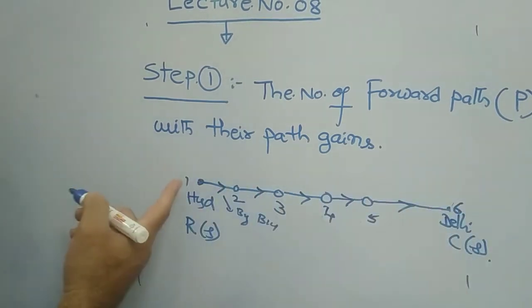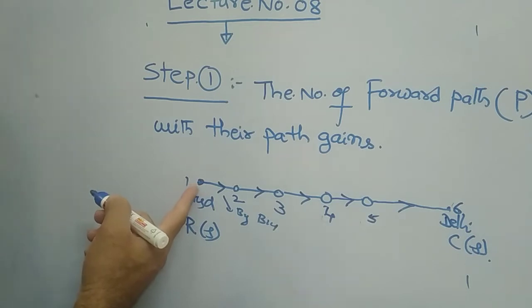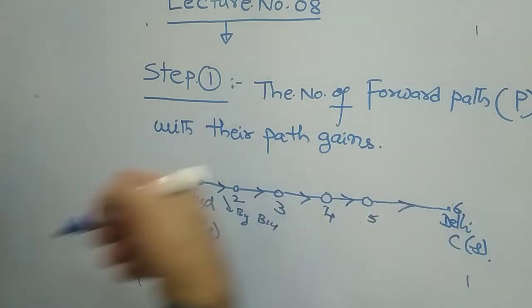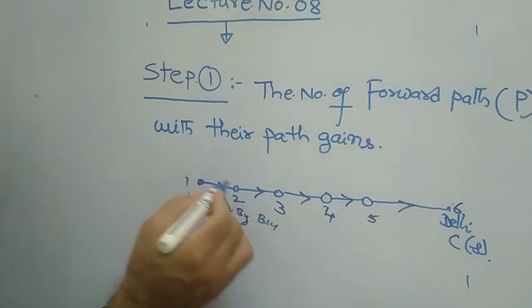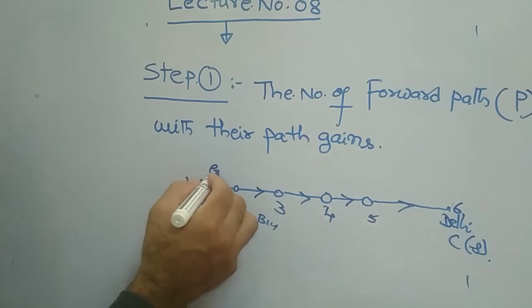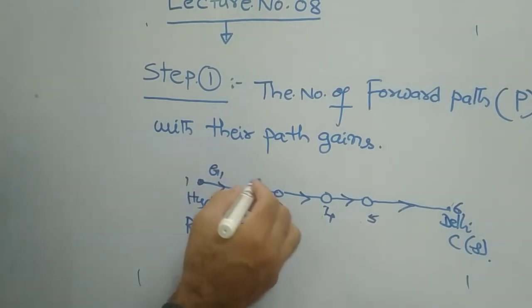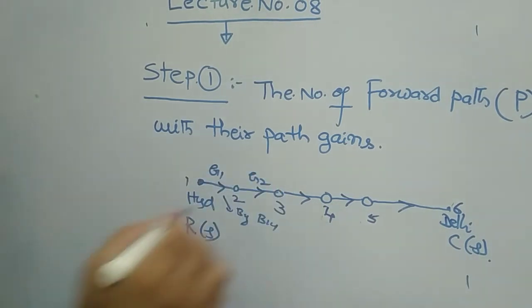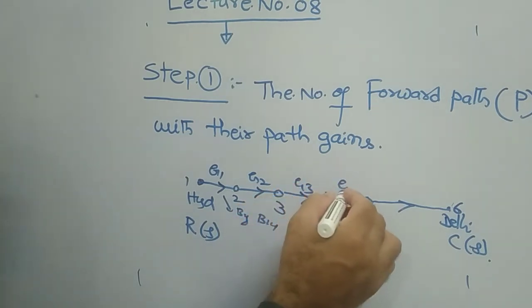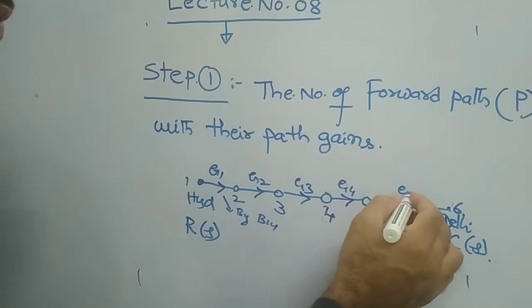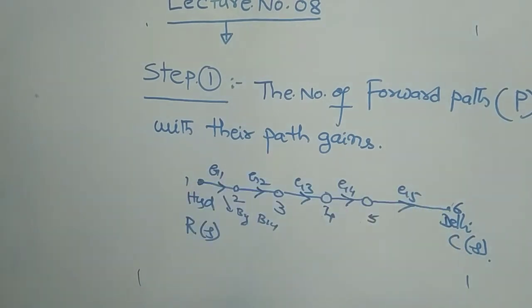Because we are considering the input R of S as the first stage itself. Therefore, you have 6 stages from start to end. From first to second you may have some gain G1, from 2 to 3 gain G2, from 3 to 4 some G3, 4 to 5 some G4, and 5 to 6 again G5. These are the gains you have to consider.